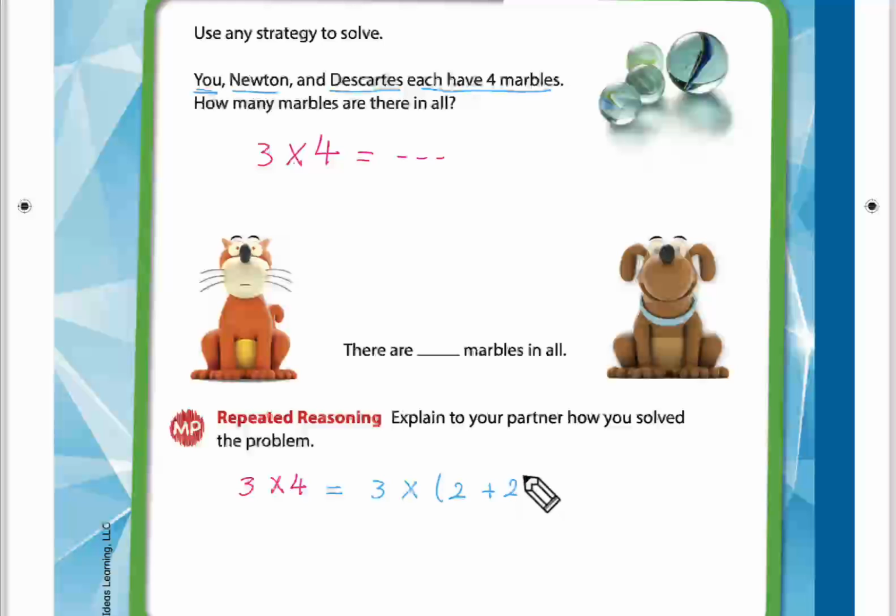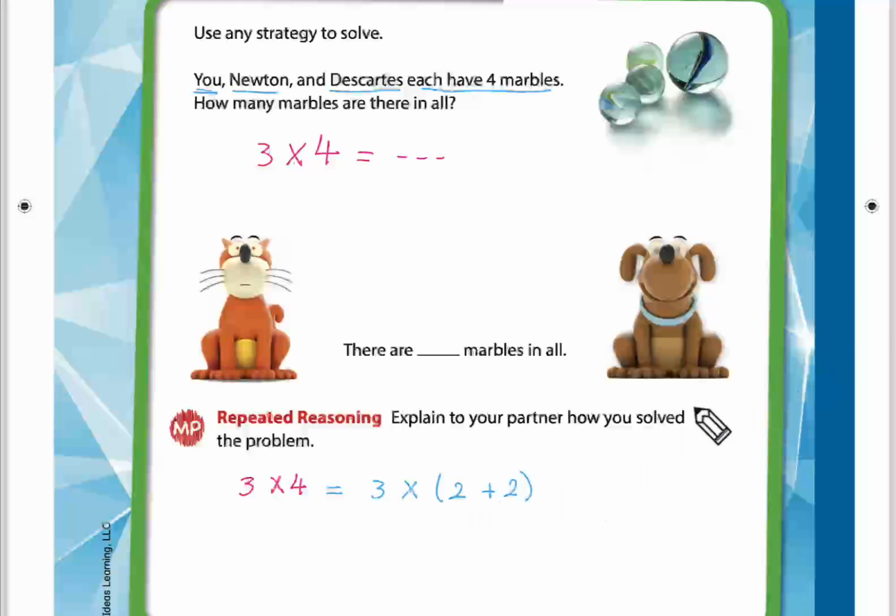You can of course use 3 plus 1 equals 4. And here I see that we can also use 2 plus 2, because 2 plus 2 is 4. If you use 3 plus 1, this will also be correct. You will get the same answer.